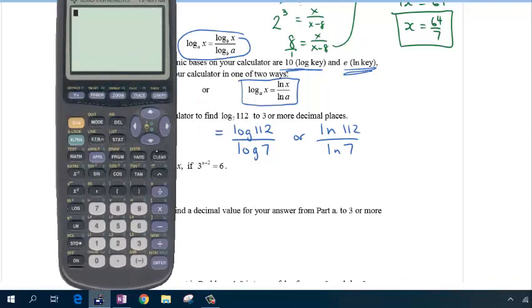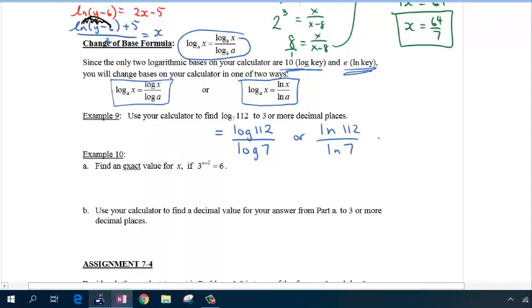Clear, clear, clear. So we'll take log 112 divided by log 7. There you go, 2.4248, blah, blah, blah. And I can also take ln of 112 divided by ln of 7, and you'll get the same answer, 2.425.